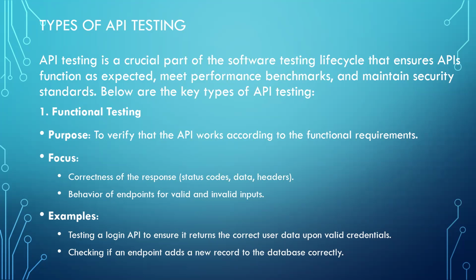So now your focus here will be the correctness of the response, your status code, your data, headers, and your authorization too, because when you're checking your functional tests, you need to be sure that your auth or your token is being generated as promptly as it should, and you're also getting your code, and everything is working as it's supposed to.